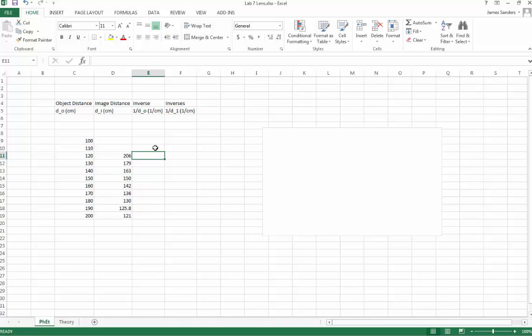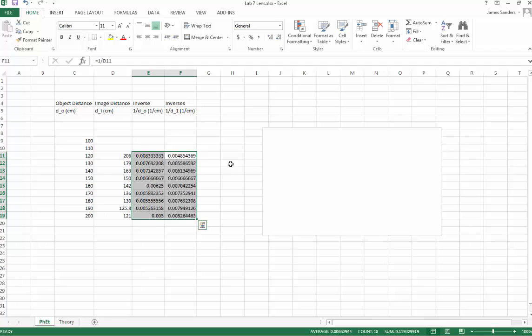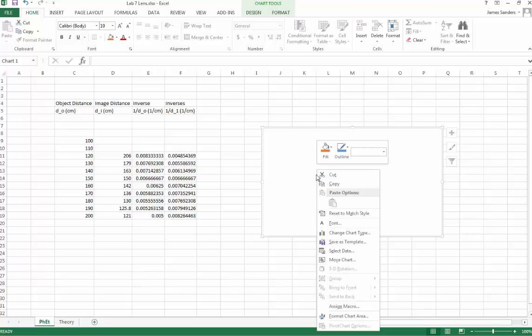And so I'm going to say this is equal to 1 divided by this. Equals 1 divided by this. And this one is going to be equal to 1 divided by this one. And now to fill all that out, I highlight these two and push Control D, and that fills these columns downward. Now I'm actually ready to select my data.